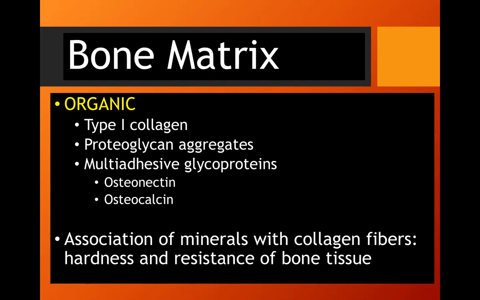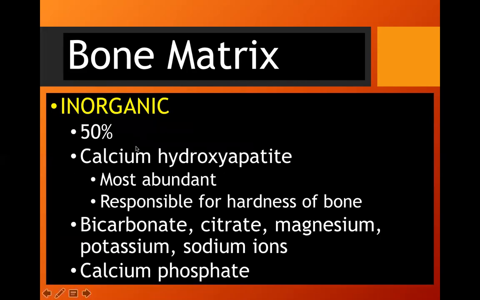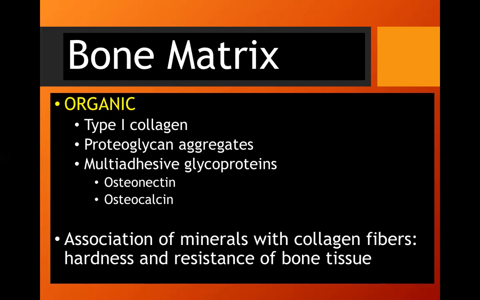That being said, that is responsible for the hardness and resistance of bone tissue. Okay, that is the organic component of our bone. The inorganic component, as mentioned, is because of calcium hydroxyapatite. The organic one is because of the collagen fibers, specifically type 1 collagen.